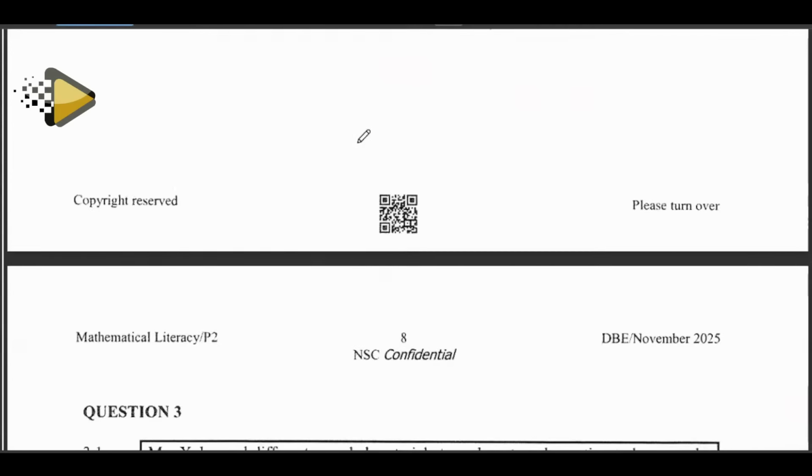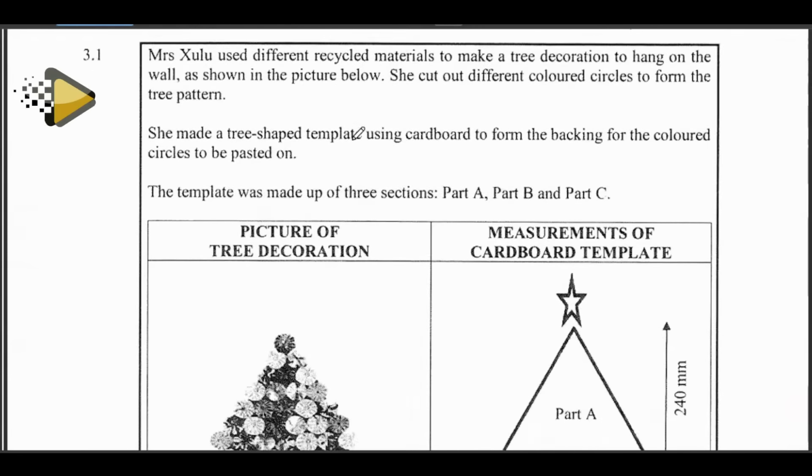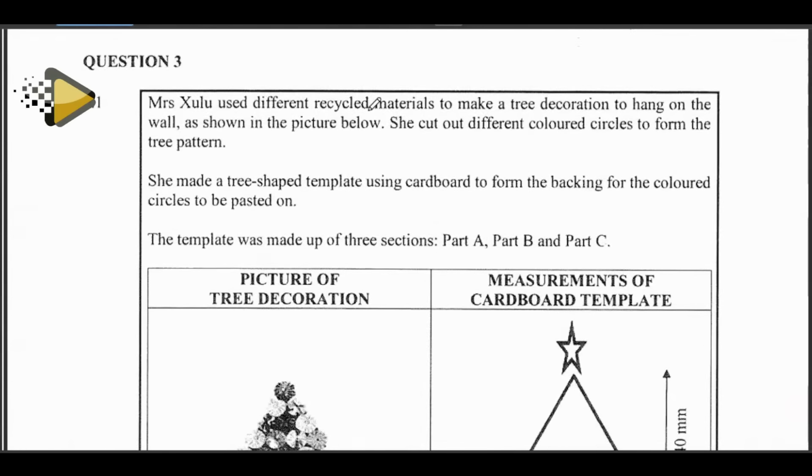All right, there we go. Question number 3. Mrs. Polo used different recycled material to make a tree decoration to hang on the wall, as shown in the picture below. She cut out different colored circles to form the tree pattern.